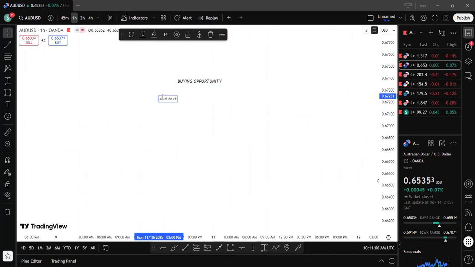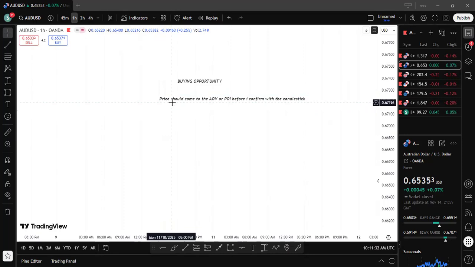Price should come to the area of value, or what other people call the point of interest, before I confirm with the candlestick.